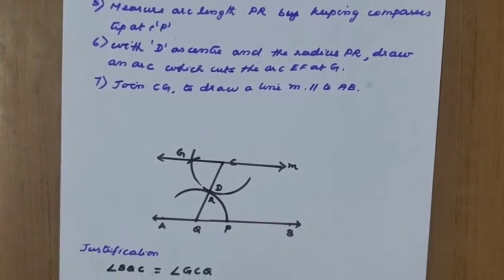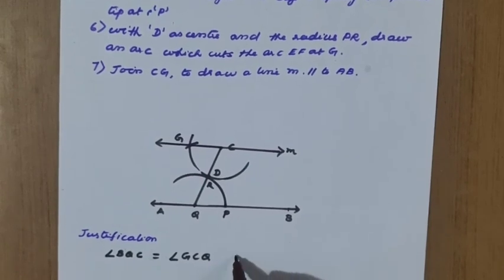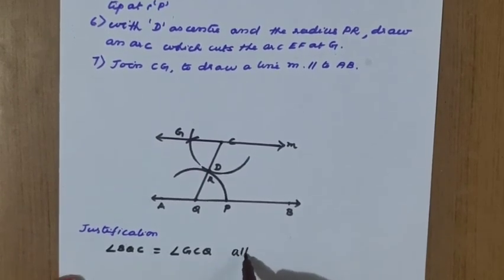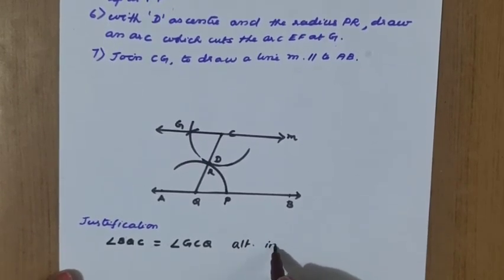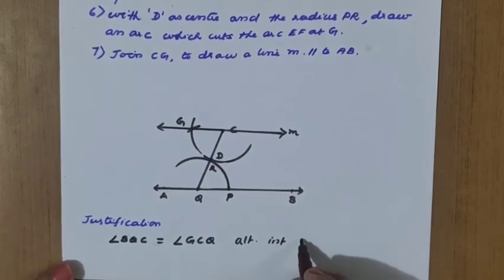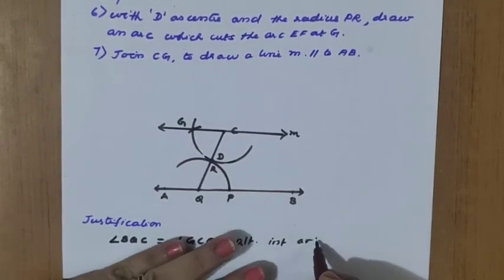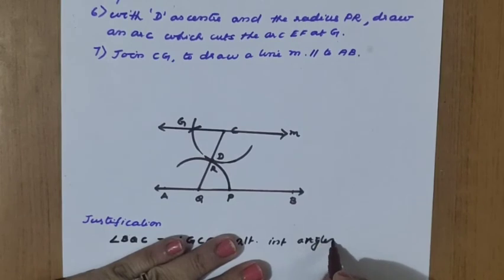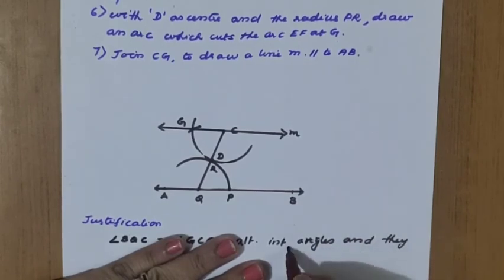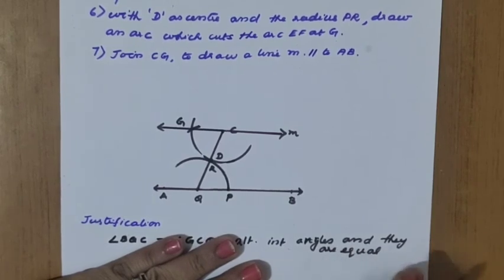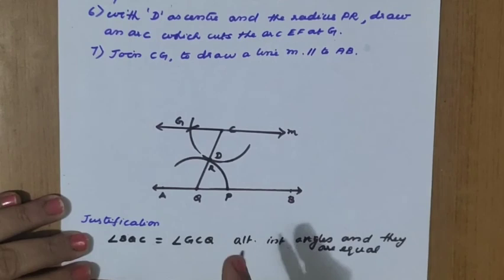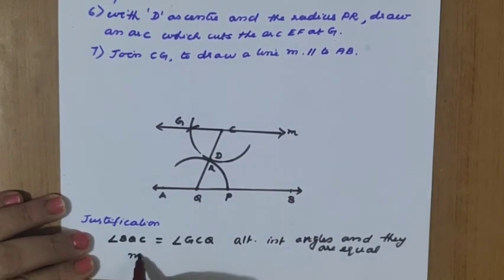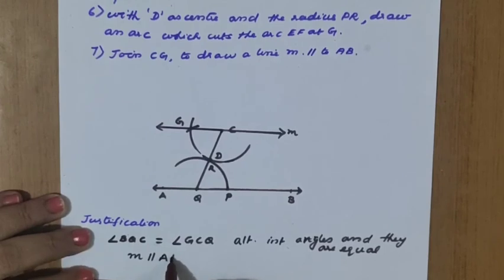Now which type of angle is it? Both are alternate interior angles, and they are equal also. So what is the conclusion? The lines are parallel. So we have denoted it by the letter M, M parallel to AB.